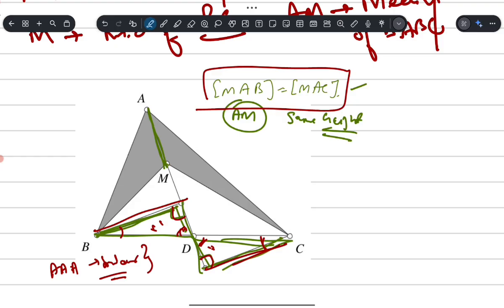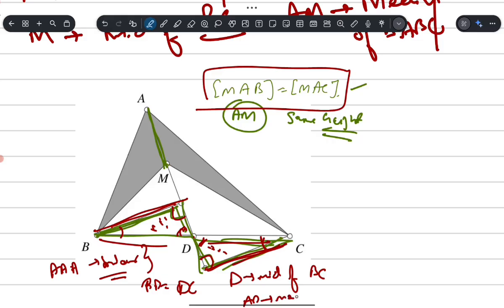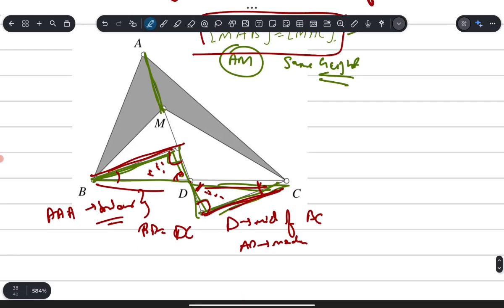If you remember when I was talking about similarity, I gave you a corollary that if two triangles are similar and one of the corresponding pairs of sides become equal, the coefficient of similarity becomes 1, and hence the triangles become congruent instead. So these need to be equal, and hence these two have to be congruent, and once they are congruent, we'll have BD equal to DC. What does that mean? D is once again the mid of BC. That means AD is the median of BC, right? Perfect.